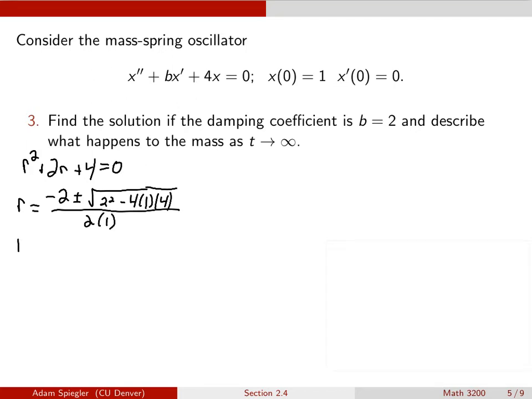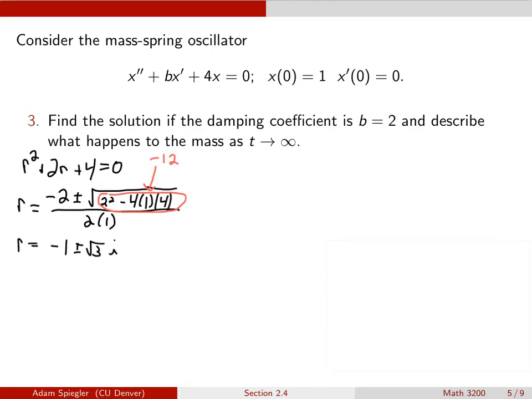Just to write that out, and simplifying that, you would get that r is equal to minus 1 plus or minus the square root of 3 times i. And so what's important to note here is that the stuff underneath the square root, the discriminant we would say here, is actually 4 minus 16. So we actually get a negative value underneath the square root. And that negative value gives us complex solutions.